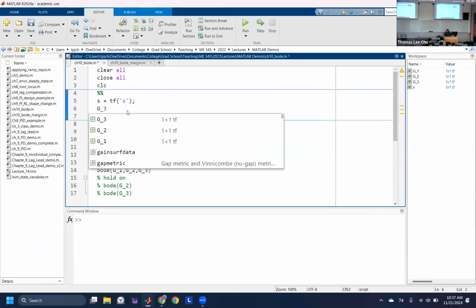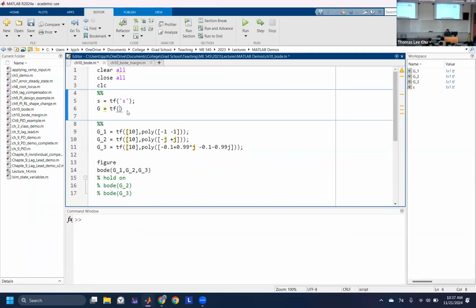So we're just going to do that example here where we have our transfer function and our pole at minus 100, and then our poles at minus 1 and minus 10,000.